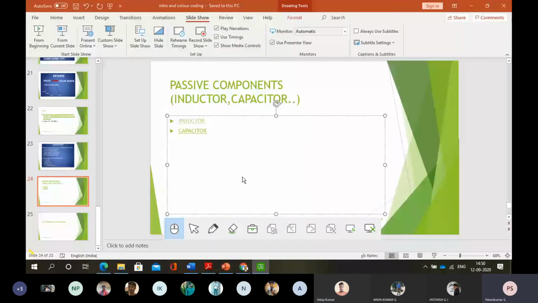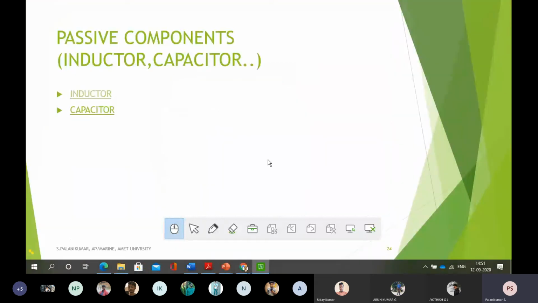Similar to the inductor and resistor, another important passive component is the capacitor. The name itself shows that it is capable of storing energy.